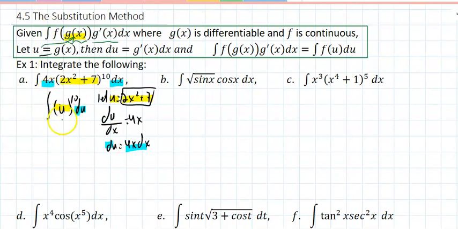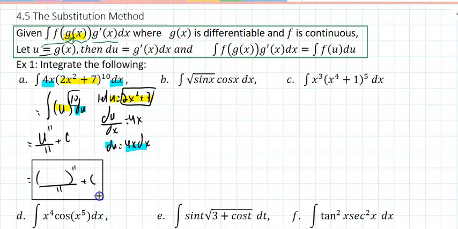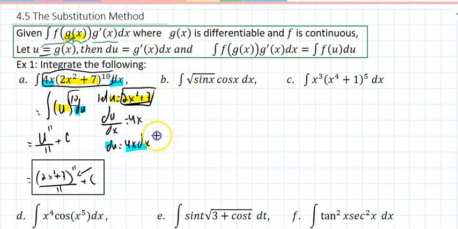So if I'm integrating a power function, I add 1 to the power, and I divide by that, plus c, and that's going to be... I need to replace u back, and if you remember what u was, 2x squared plus 7. If I take a derivative of this, I should get the integrand right there. So that's pretty much it.